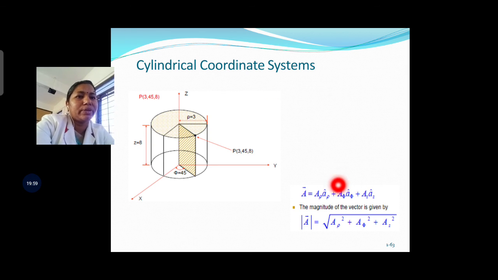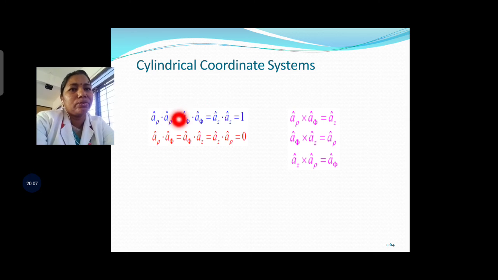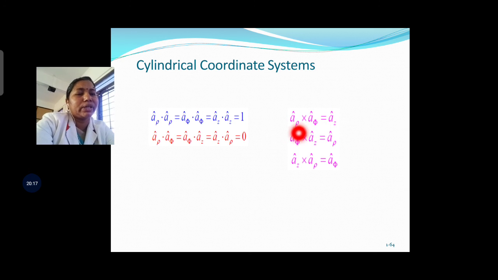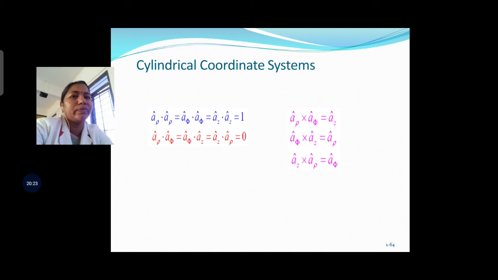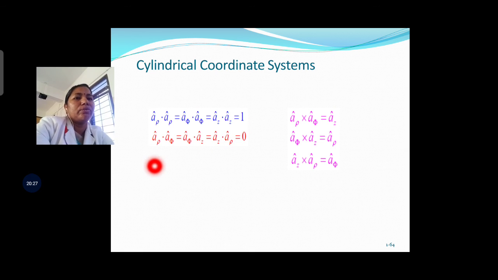So a rho, a phi, a z, and a rho square, a phi square, a z square for the cylindrical coordinate system. If you take the cross product, you get a rho cross a phi equals a z, a phi cross a z equals a rho, and a z cross a rho equals a phi. If the same thing is multiplied, then you get 1.